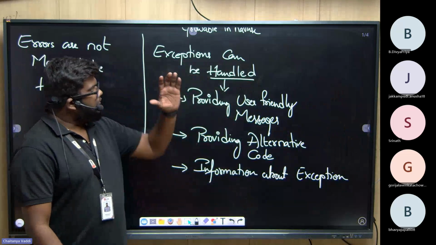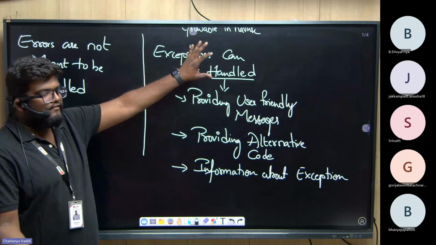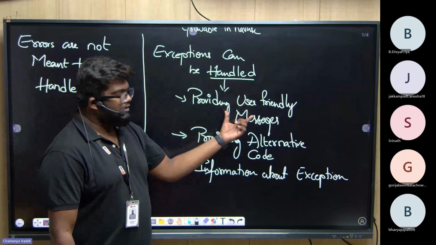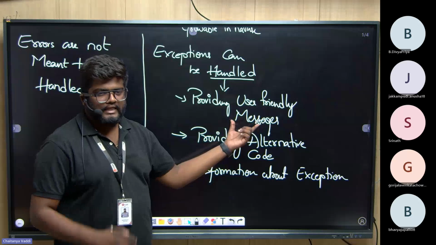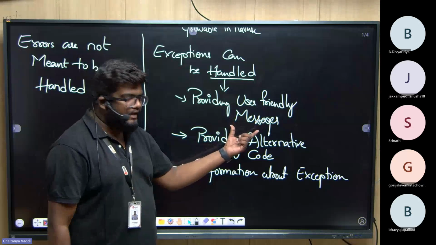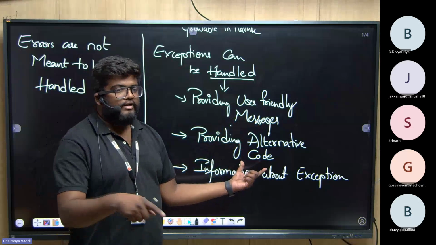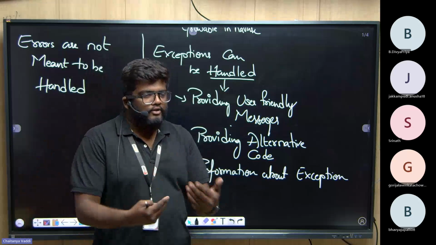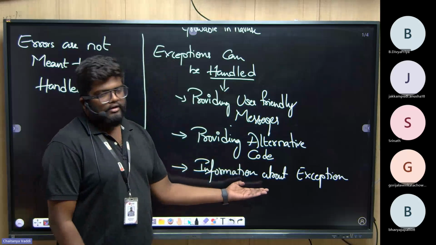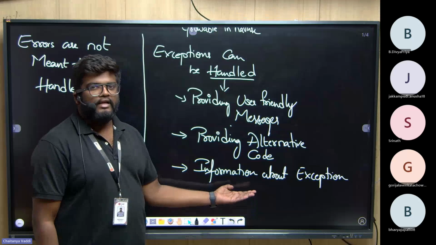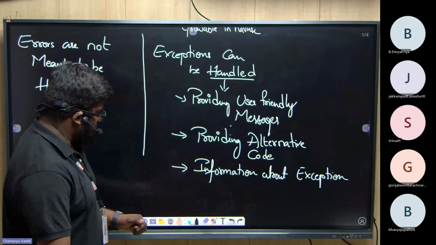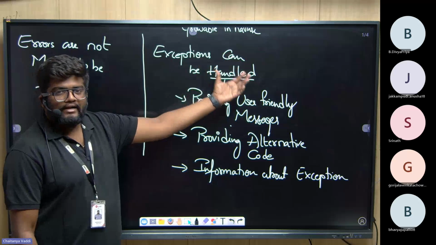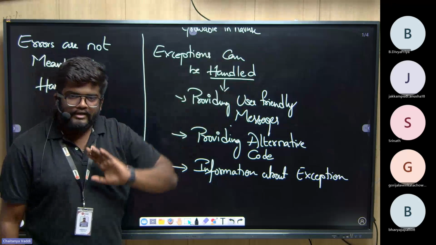Whenever an exception is raised, meaning whenever an uncertainty in the program occurs, you can handle it by providing a user friendly message stating that it should not be done in that specific way, or you can provide an alternative code. If that code is not working, you can utilize this code, or you can provide information about the exception that you are raising. These are the three things considered as handling, which we will talk about later on.